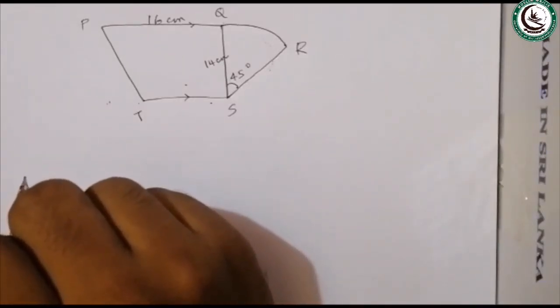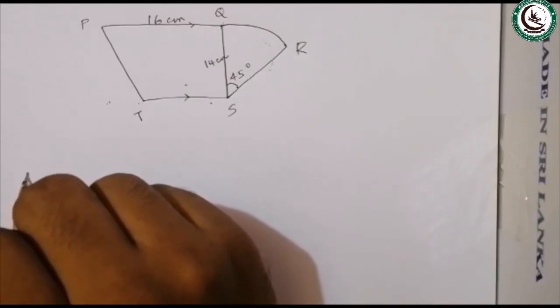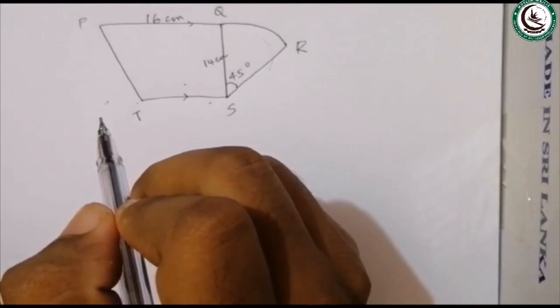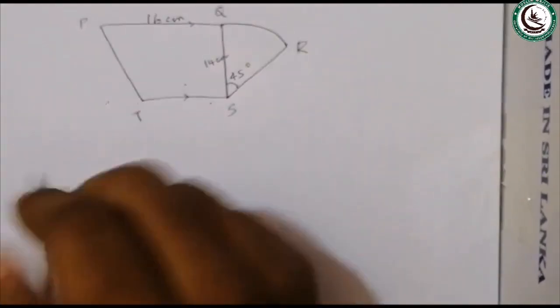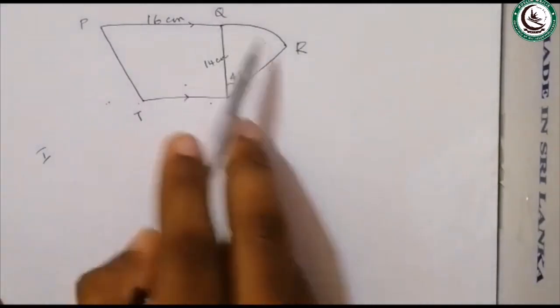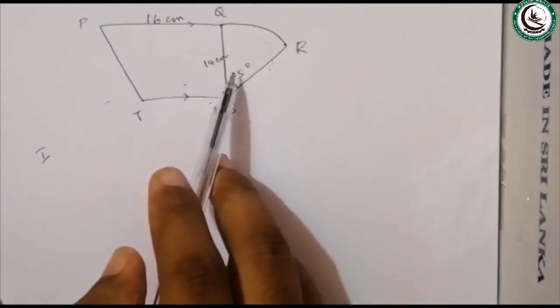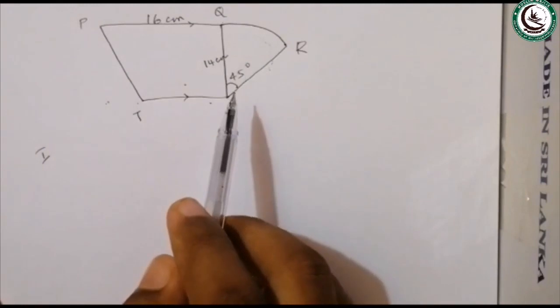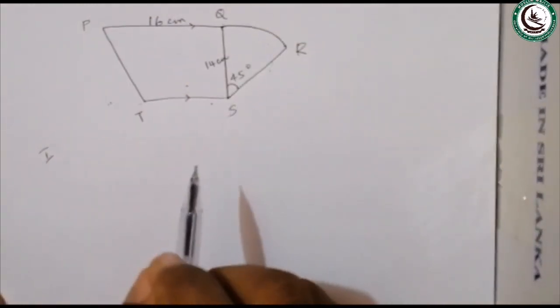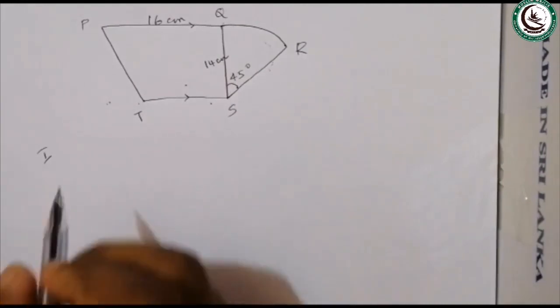So now the first question is, find the area of QRS. So here QRS is a sector, the radius of the sector is 14 centimeter. We know how to find the area of a sector.